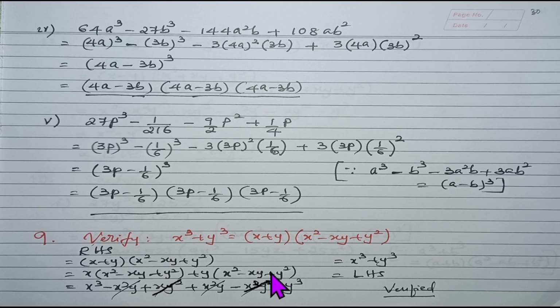Now opening the bracket, applying the distributive property again, x into x square is x cube, plus into minus is minus x square y, plus into plus is plus xy square, plus into plus is plus x square y, plus into minus is minus xy square, plus into plus is plus y cube. Now we find here minus x square y and plus x square y get cancelled, plus xy square and minus xy square get cancelled, and what remains is only x cube and y cube.